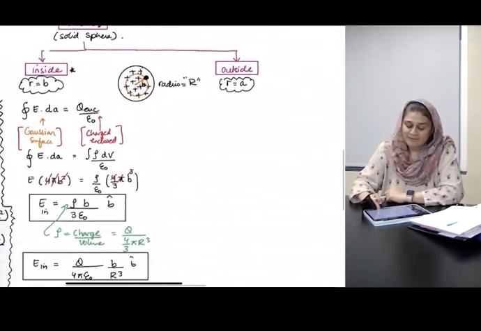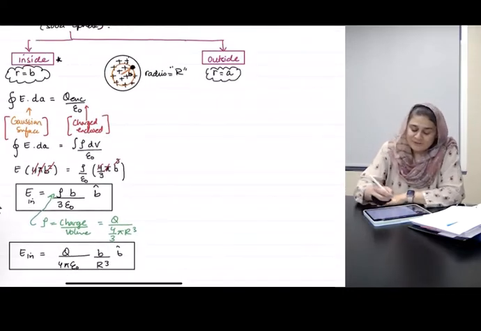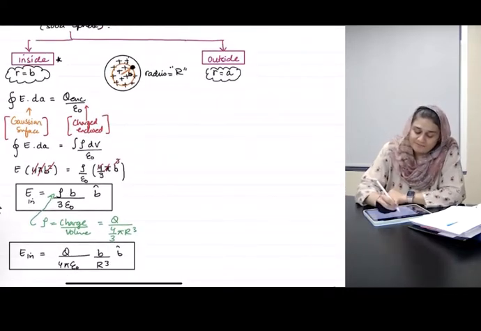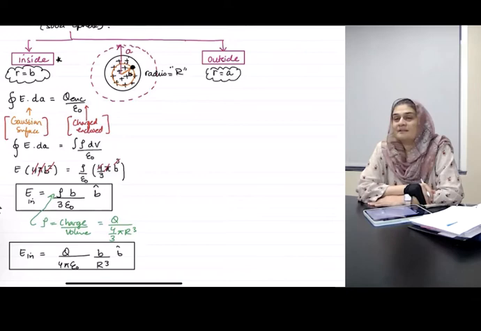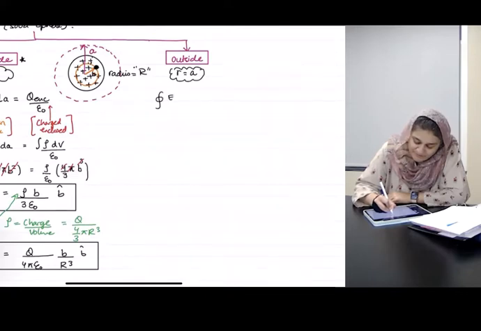Okay, now what about outside? Come on, let's choose a Gaussian surface. I'm going to use this Gaussian surface, and this is going to be my radius A. Step one, write Gauss's law. E dot dA equal Q enclosed divided by epsilon naught. This side is my Gaussian surface.